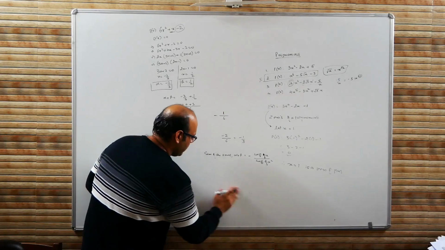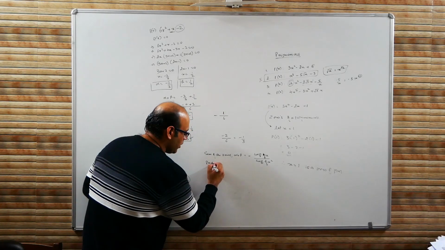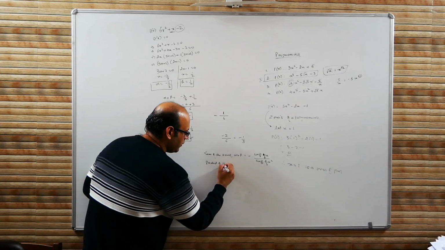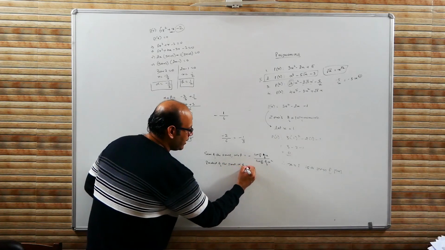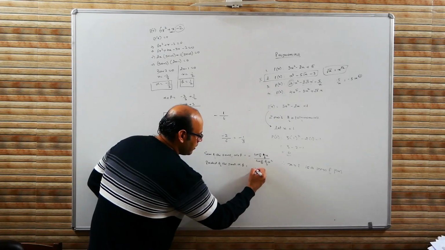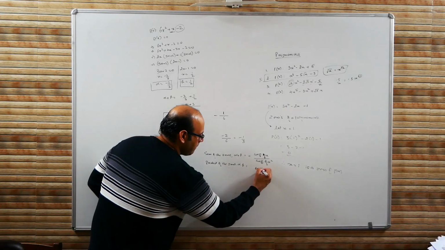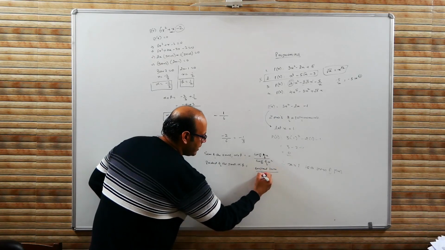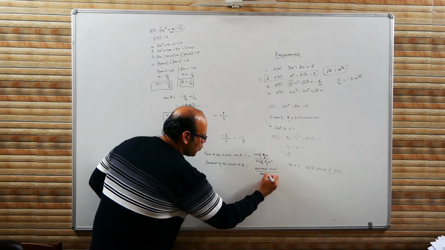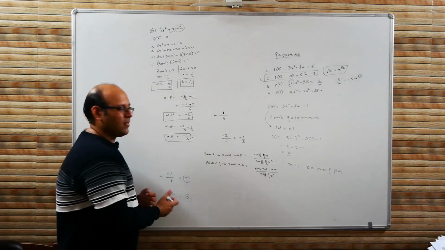And if I have to find the product of the zeros, that is alpha into beta, this is the constant term divided by the coefficient of x square.